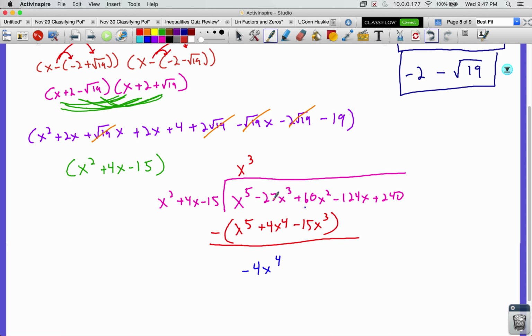And negative 27 minus a negative 15 is the same as negative 27 plus 15. We get a negative 12x cubed. And we'll drop down at least one more term, plus 60x squared. Next up, we're going to have a minus 2x squared up here. And now multiply that in.